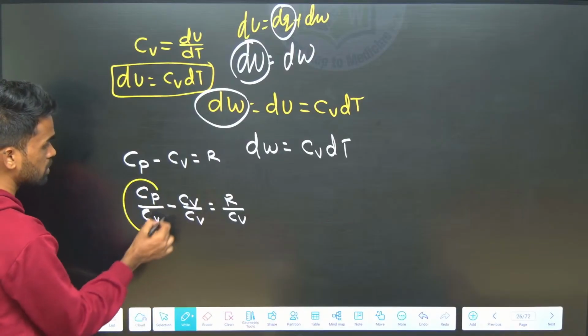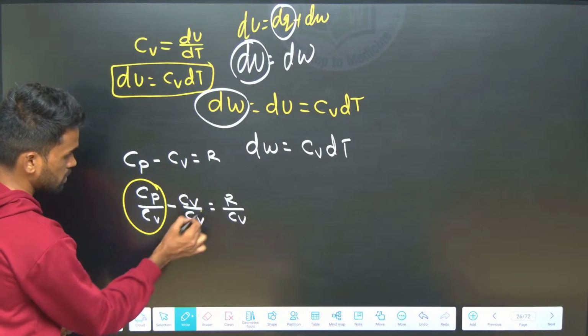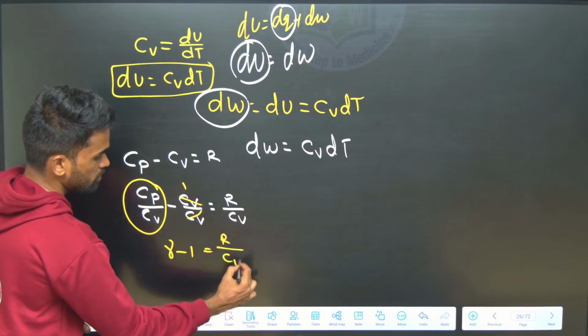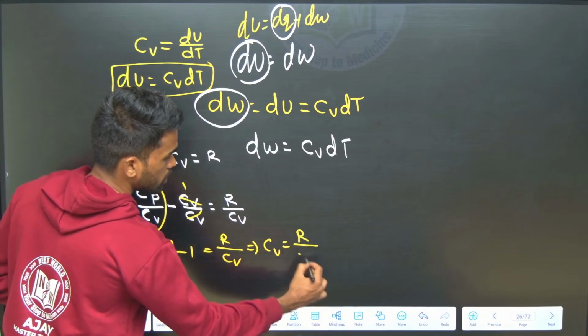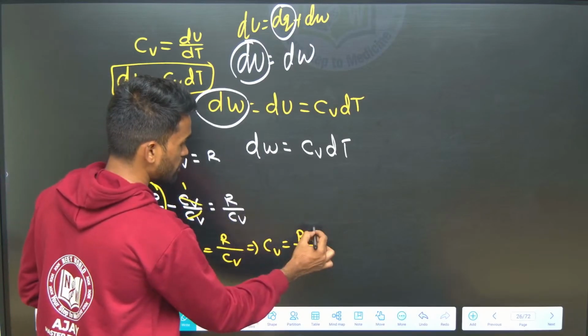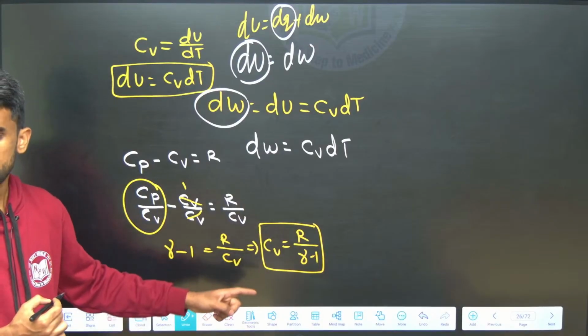Cp by Cv is gamma, I told you. So it is gamma, minus 1, equals R by Cv we got. Then from here I can write Cv equals R by gamma minus 1. So wherever we have Cv, that can be replaced by R by gamma minus 1.